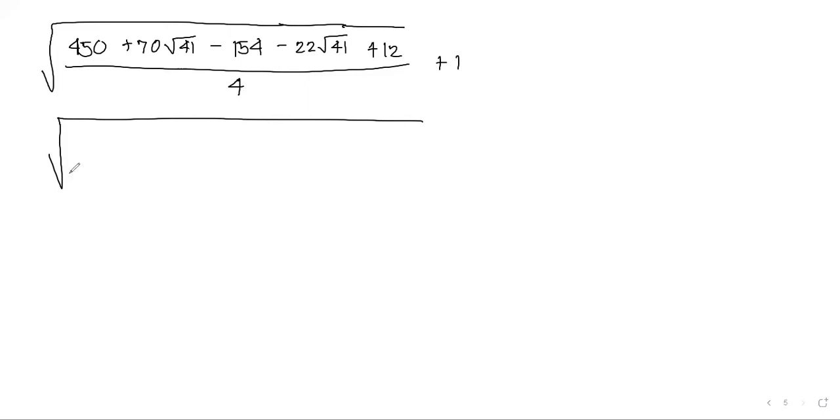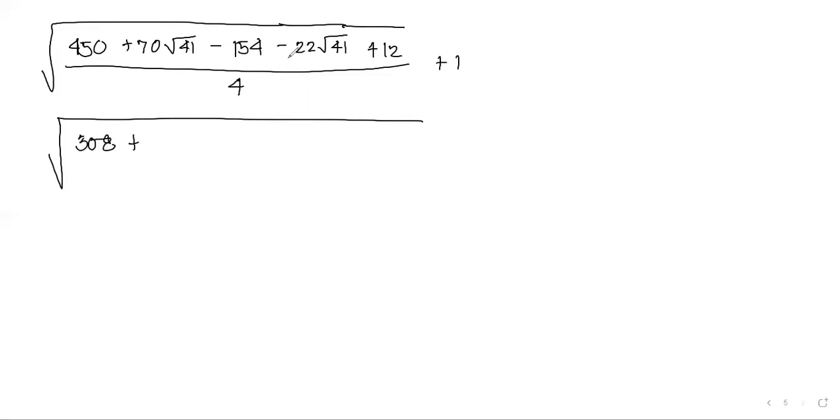450 minus 154 is 296 plus 12. 308. Ayan, 308. And plus, ayan, may mga square root na tayo. 70 minus 22. Kasi diba, kapag may ganyan, pwede natin i-treat lang to as variable, square root of 41.